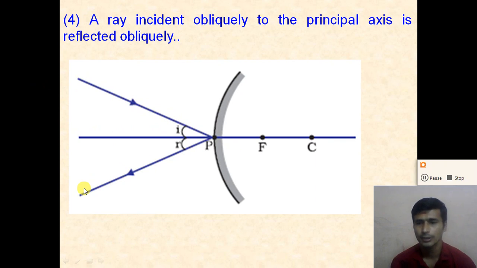According to the law of reflection, the angle of incidence and the angle of reflection are the same. So these are the 4 rules for making a ray diagram for a convex mirror, right? We use a minimum of 2 rules to form the image formed by the convex mirror, right?